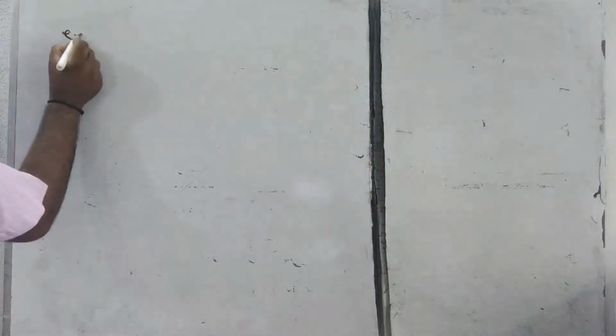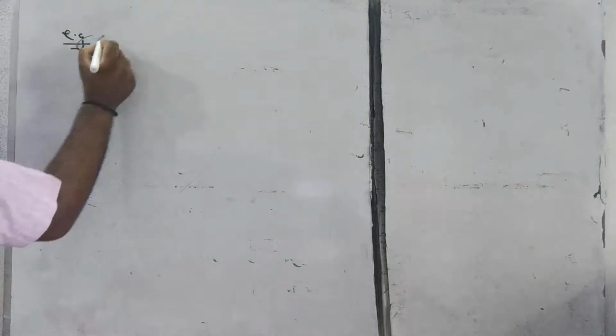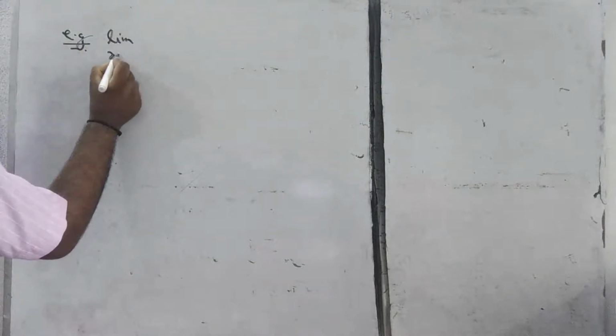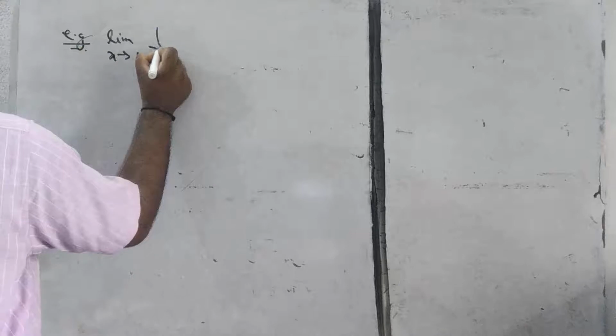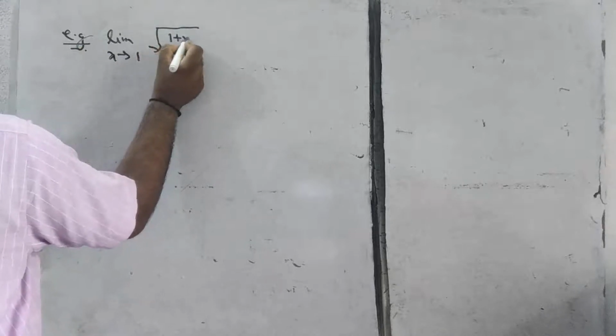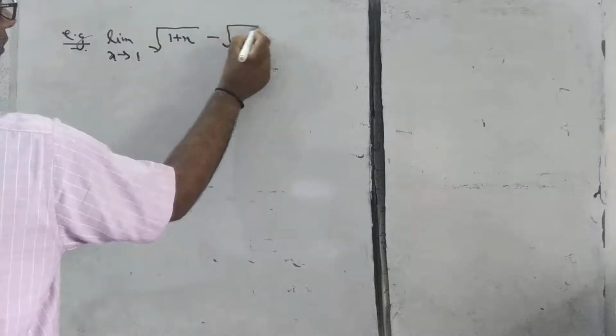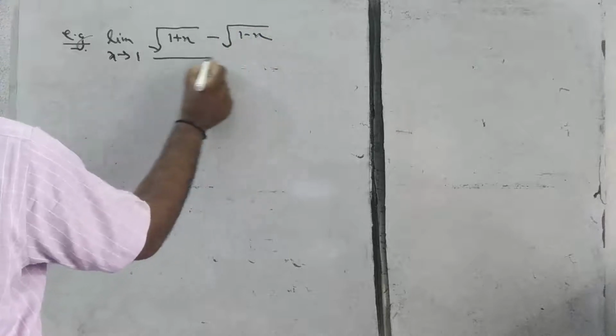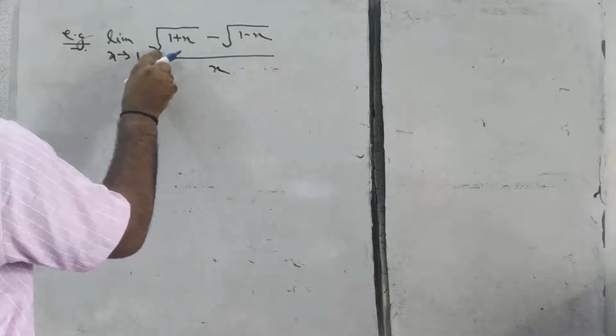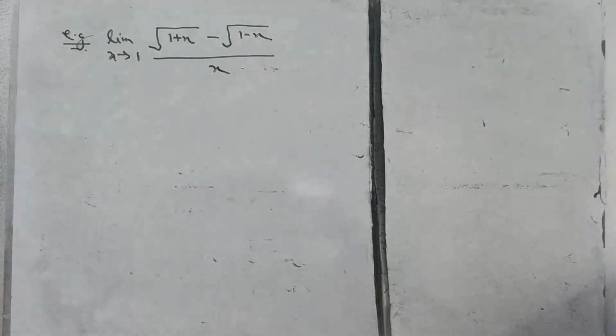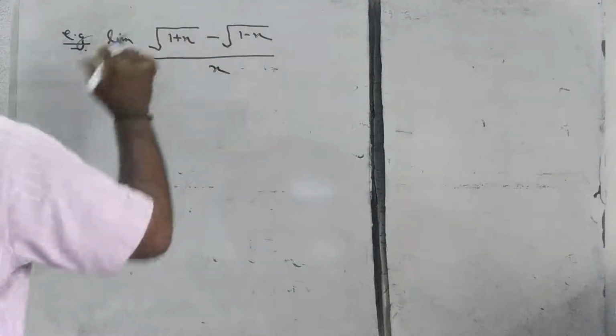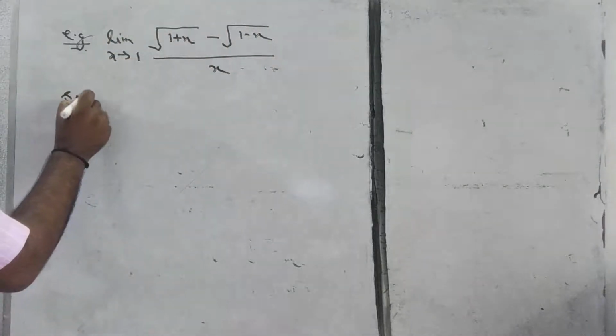For example, evaluate limit x tends to 0, root 1 plus x minus root 1 minus x upon x. So this portion is surds. How can we solve?